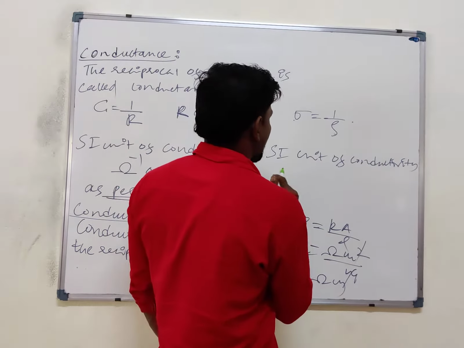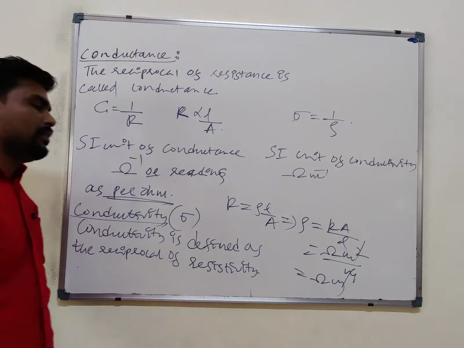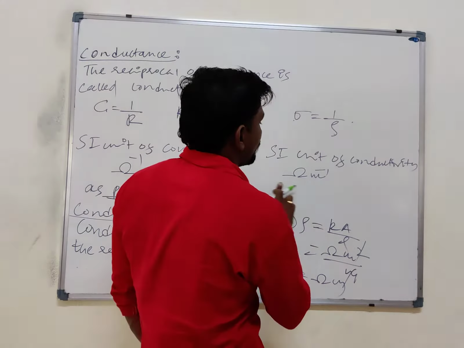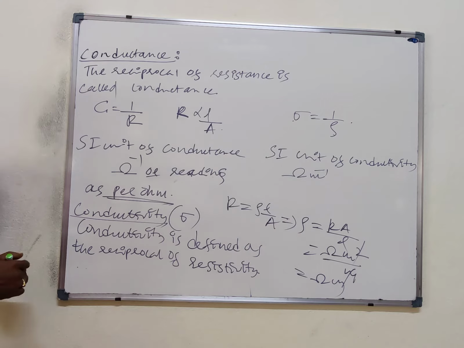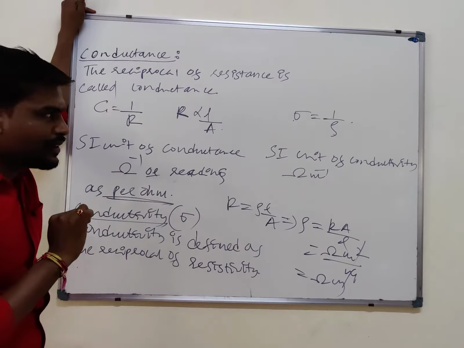So the SI unit of resistivity is ohm meter, and the SI unit of conductivity is its reciprocal.